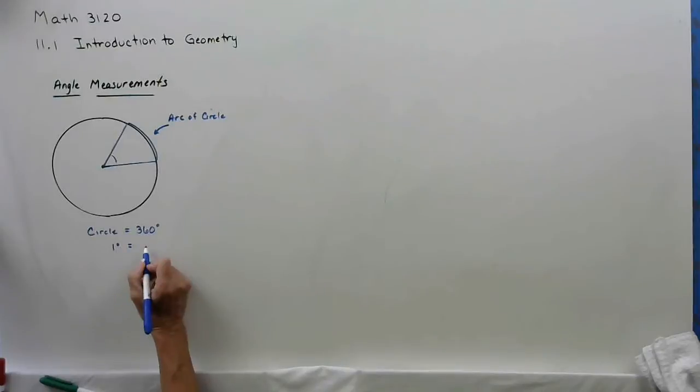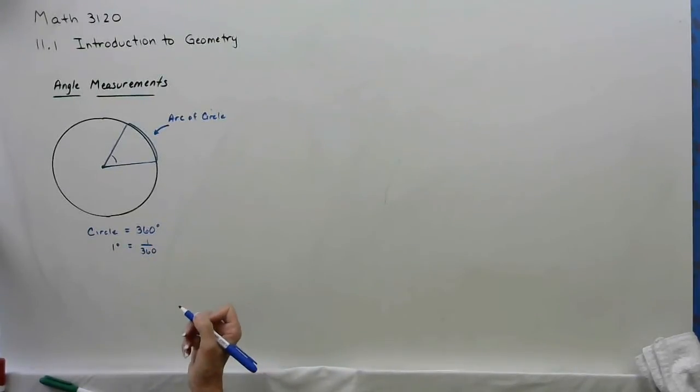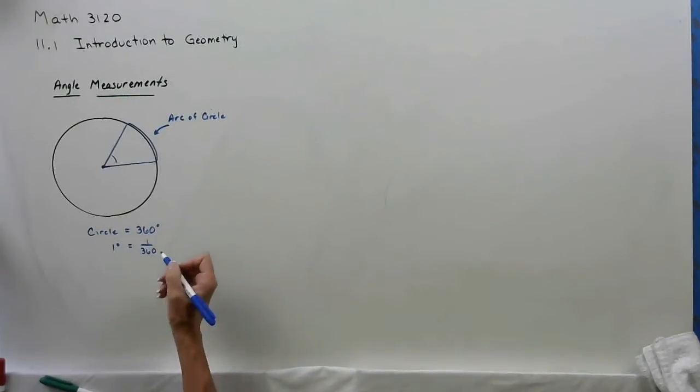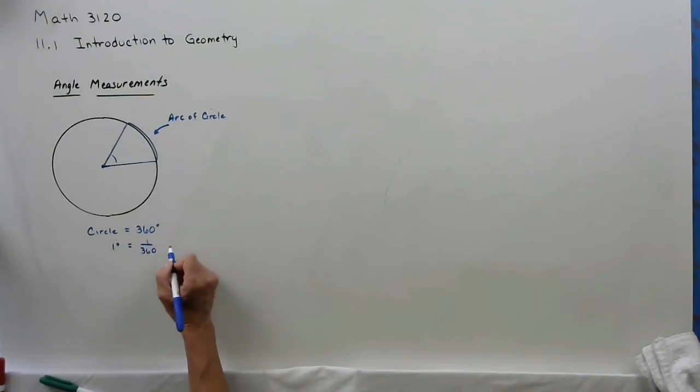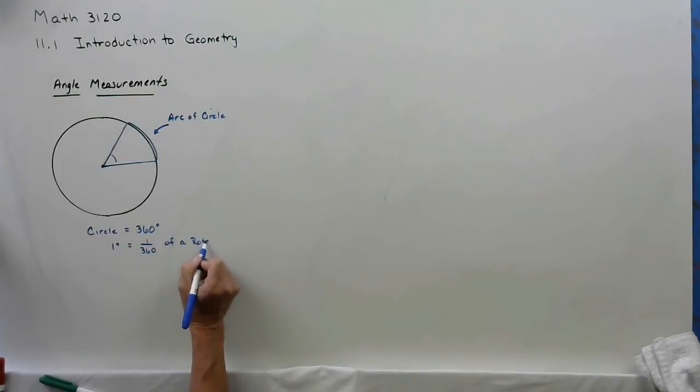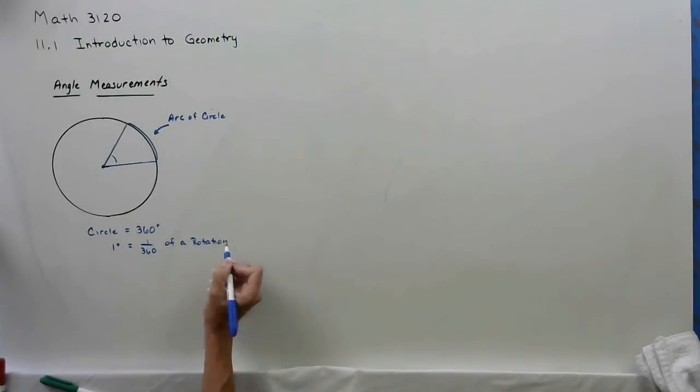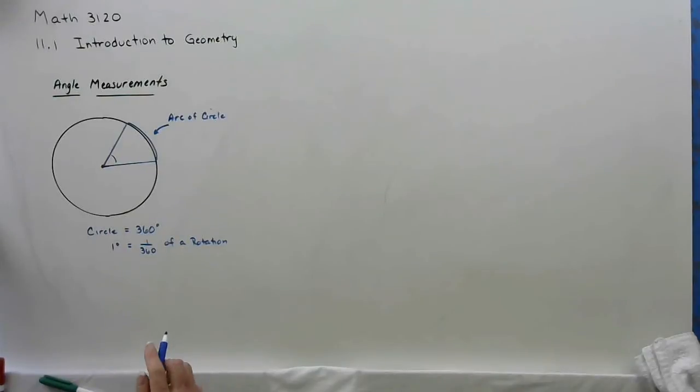Well, I'm going to also say that's the same as 1 part out of 360, so it's 1/360th of a single rotation. So if I go around the circle once, that's the circumference. If I only go 1 degree, I've only gone 1 out of 360 parts.